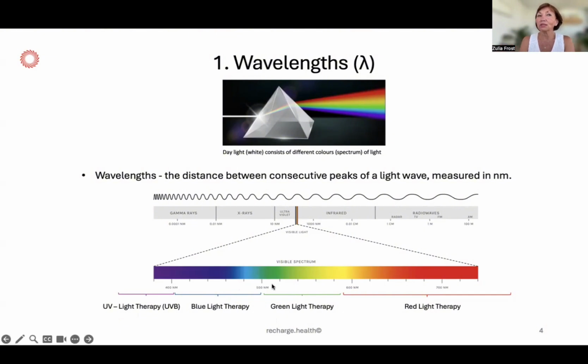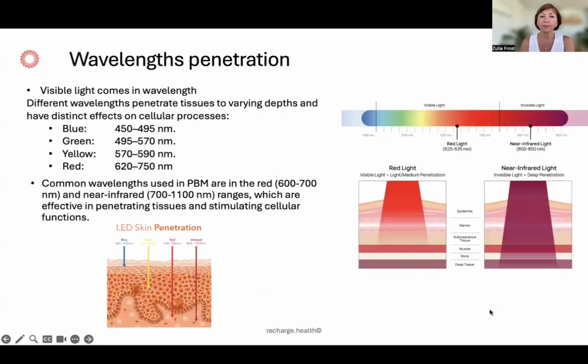Green light therapy, this is something new and very, very interesting and promising field, because green light is used in a variety of settings for metabolic diseases, for arthritis, for even headaches and migraines. And then there is red light therapy, which encompasses red and a portion of near-infrared light. So this is the beginning of the infrared lights, which will also be called red light therapy.